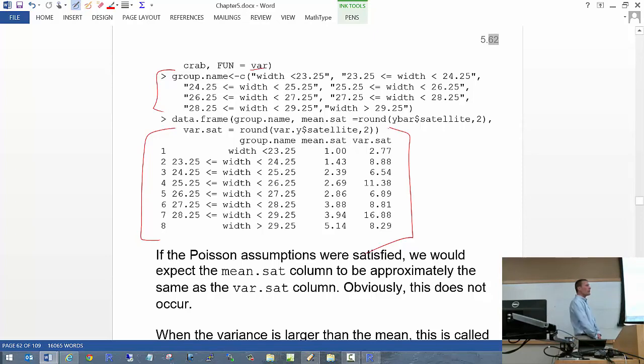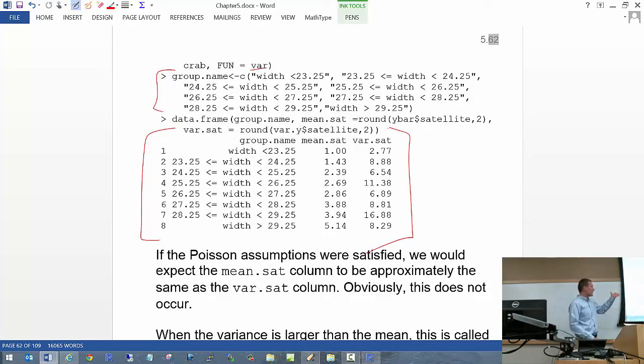So in group number 1, for the width less than 23.25, the mean number of satellites per female crab was 1. The variance of all those counts for observations following that group was 2.77. Again, if the Poisson distribution truly worked, we would expect the sample variance and the sample mean to be about the same.